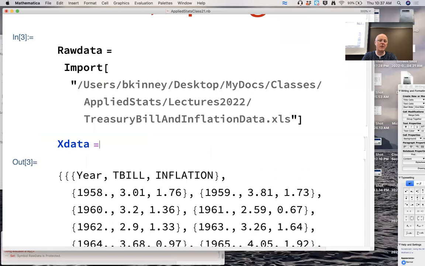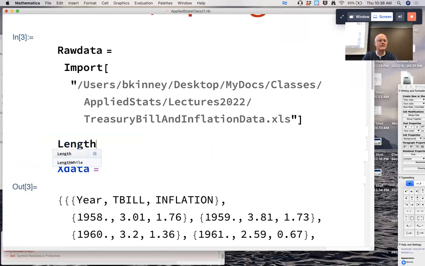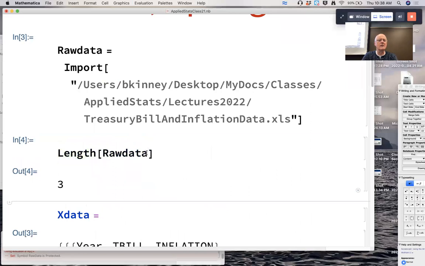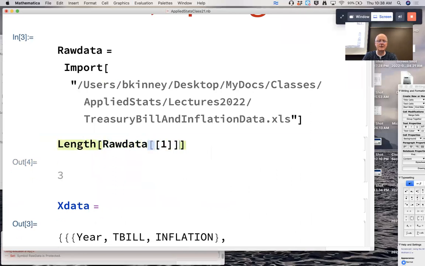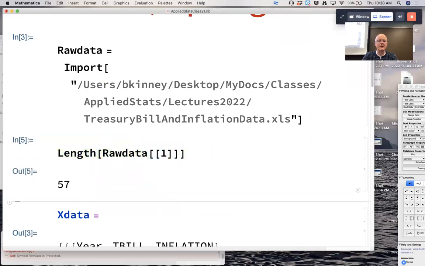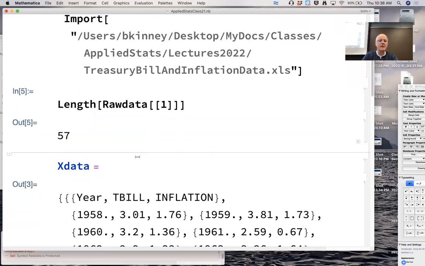There are 57 data points. That's actually the length of this raw data. Let's see. Okay, it's structured in such a way that to see the true length of the data set, I have to do that. And it was actually 56 though, because the first row was the labels, the year, the T-bill, and the inflation.